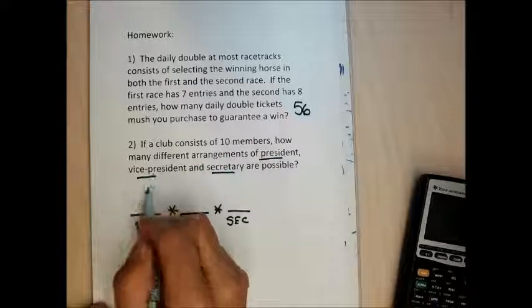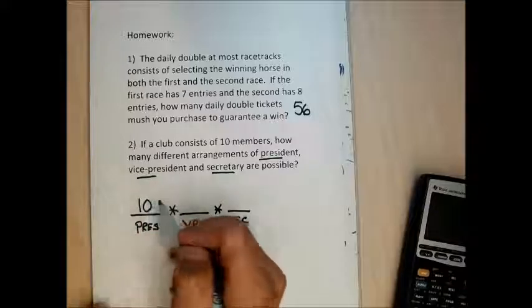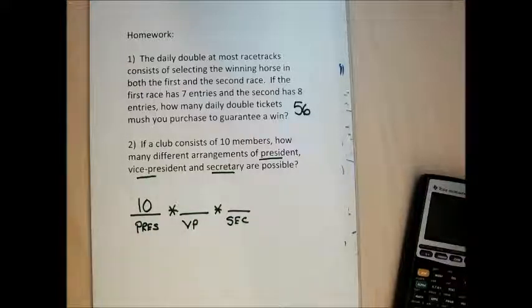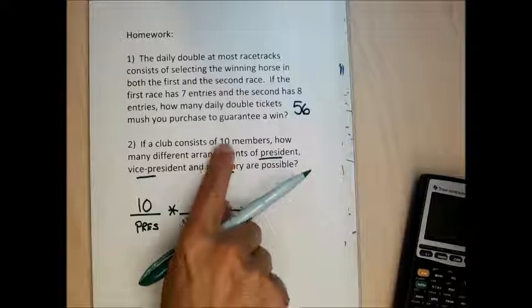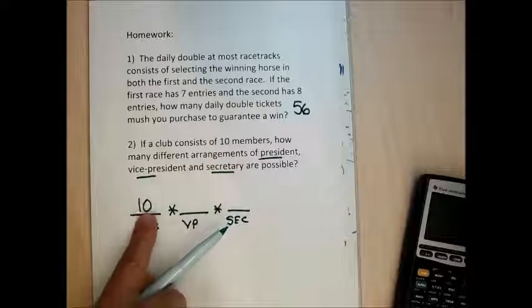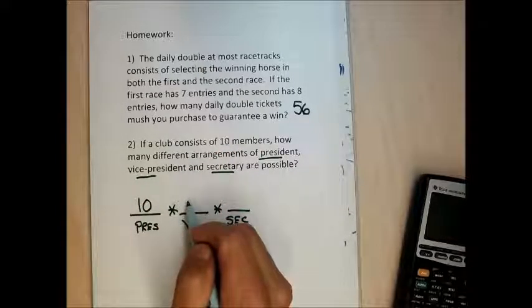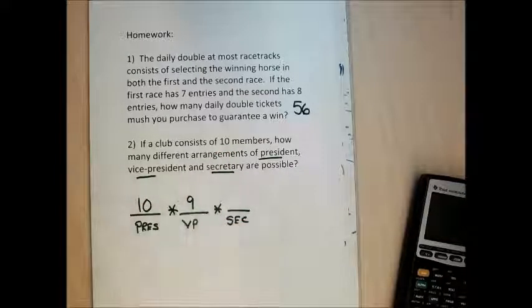Well, I know for certain there's going to be 10 people to choose from for the president. It doesn't say it, but I think it implies it, that the president also can't be the vice president and the secretary. Once you're the president, you're not going to get another job. So I'm going to increment down. The club had 10 members. One of them's the president. I'm not going to let the president be the vice president, so there's going to be 9 people for the vice president job.